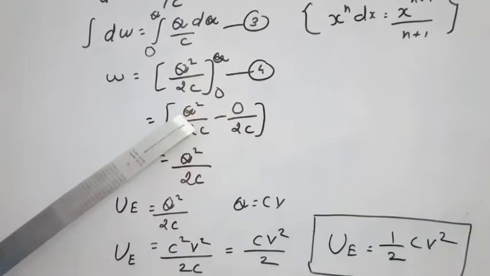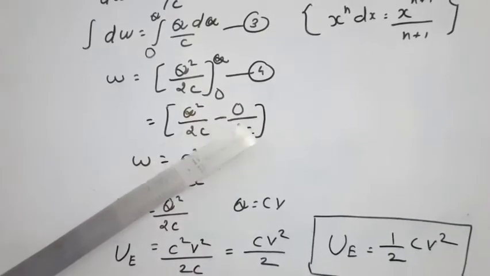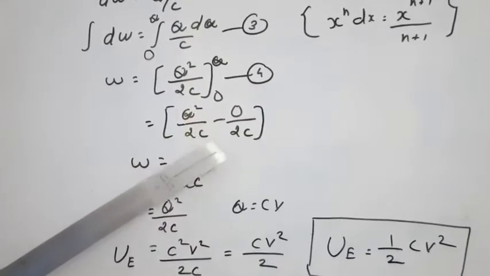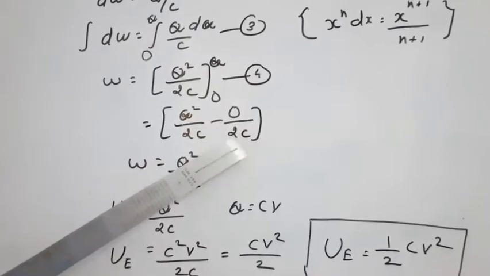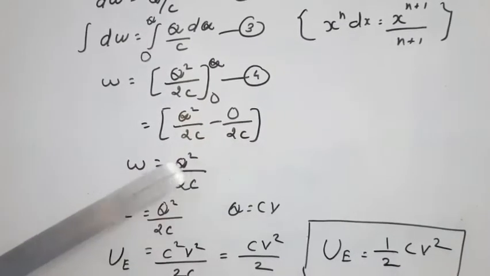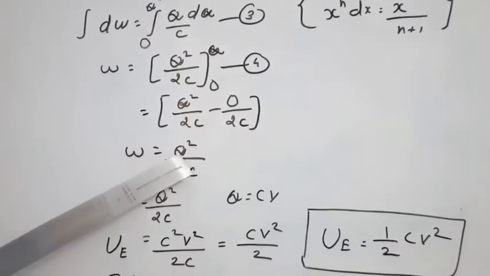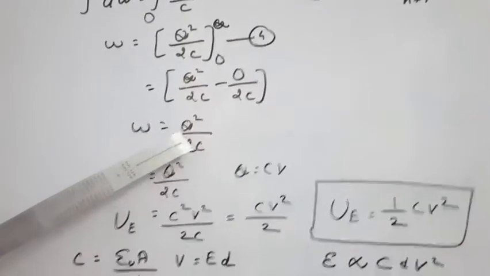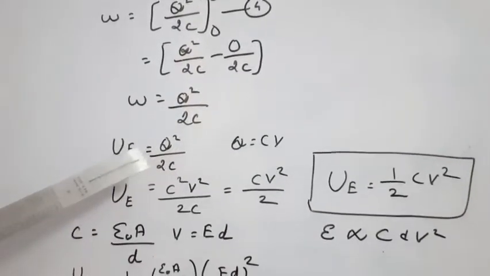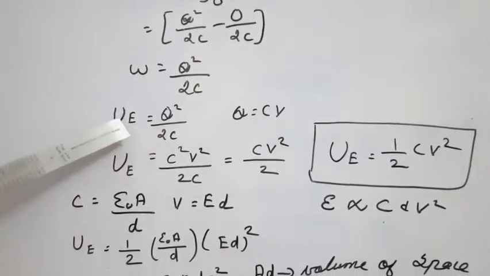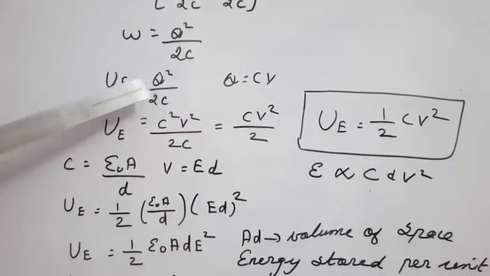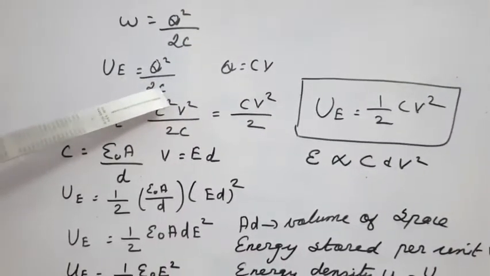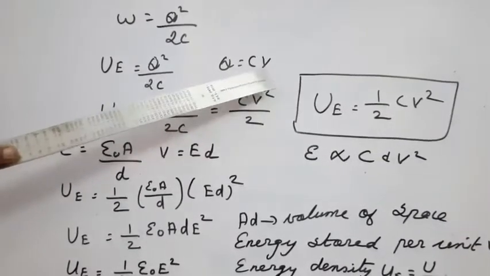Now we apply the higher limit minus the lower limit. Therefore Q square by 2C minus 0 square by 2C. The second term is cancelled, so we can write W equals Q square by 2C. So this is known as the stored potential energy. We can write UE equals Q square by 2C, but Q is CV.